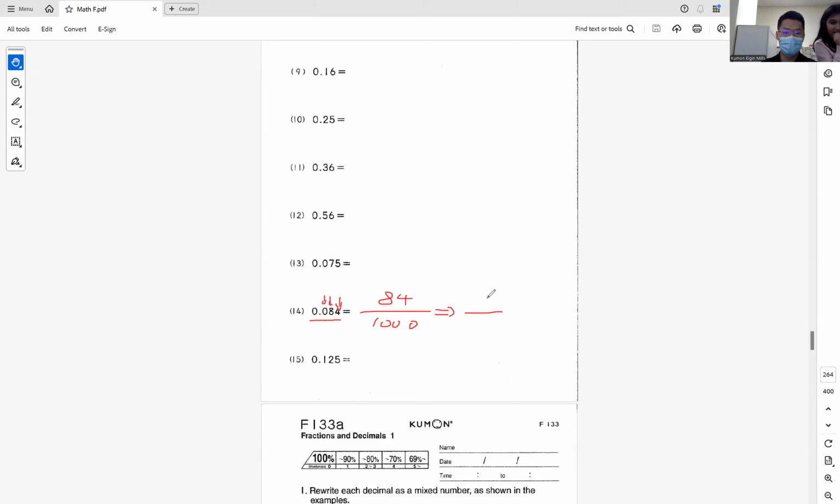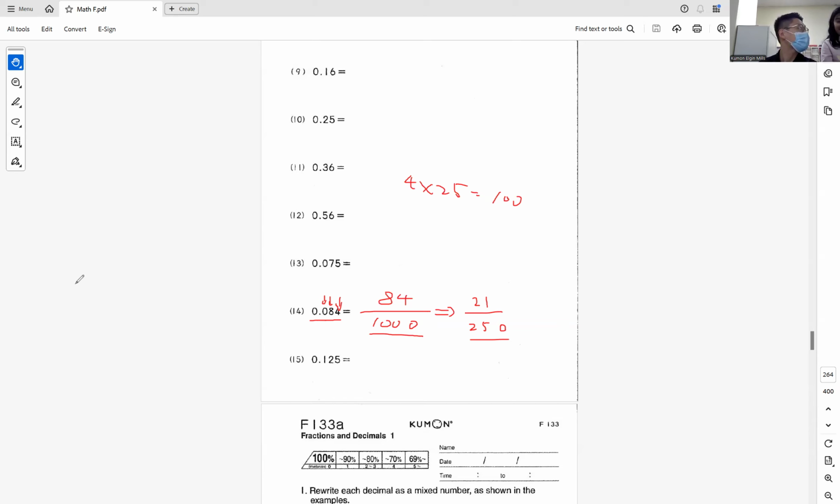If we try 4, this is going to be 21, right? And if I try 4 over here, this will be 250. Don't ask me how I know. Because 4 times 25 is 100. So if this is 1000, if I divide this by 4, I'll have 250 because there's one more 0, right? Should be pretty simple.